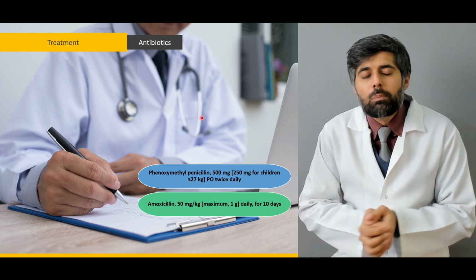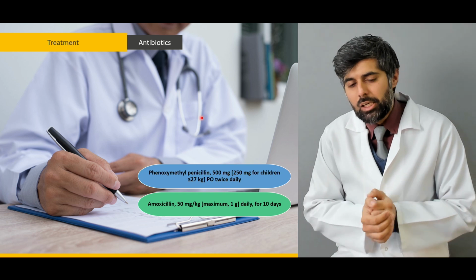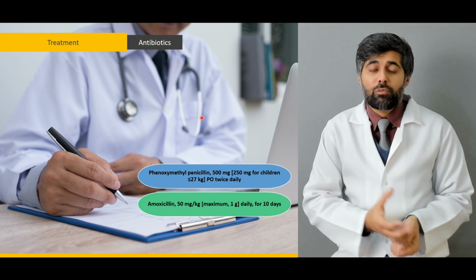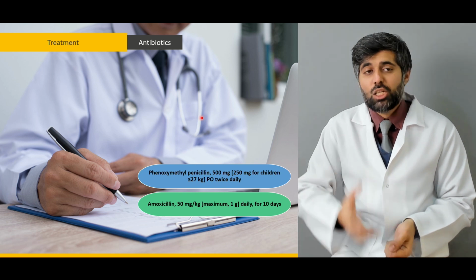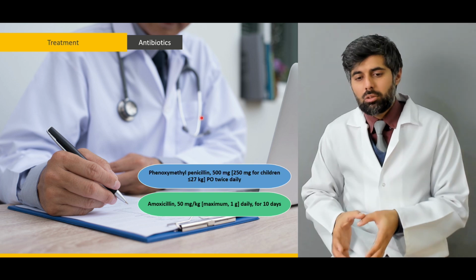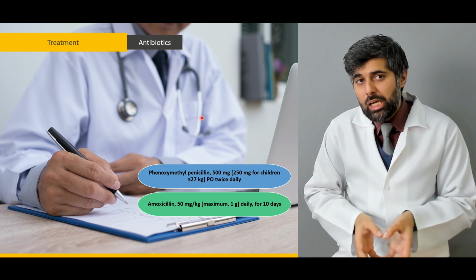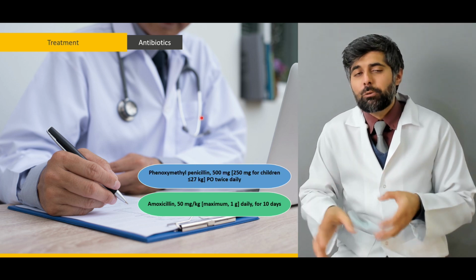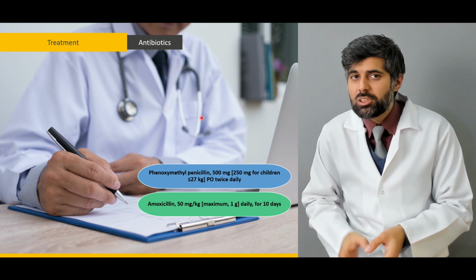Another type of penicillin that we can give is amoxicillin. It is given in the 50 milligram per kg body weight with the maximum dose of 1 gram. It is given daily for about 10 days. Usually it is given in divided doses.